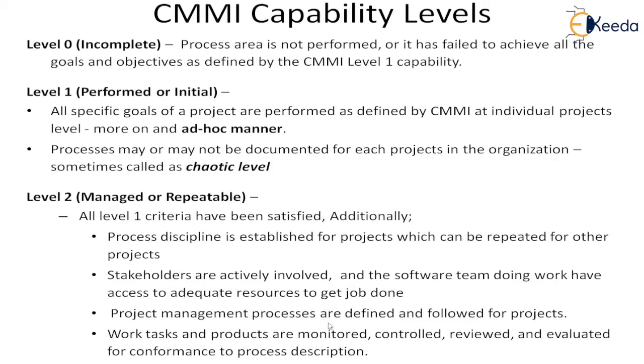Project management processes are defined and they are also followed. Work tasks and products are monitored, controlled, reviewed, and also evaluated for conformance to the description of the process, whatever it is supposed to achieve.